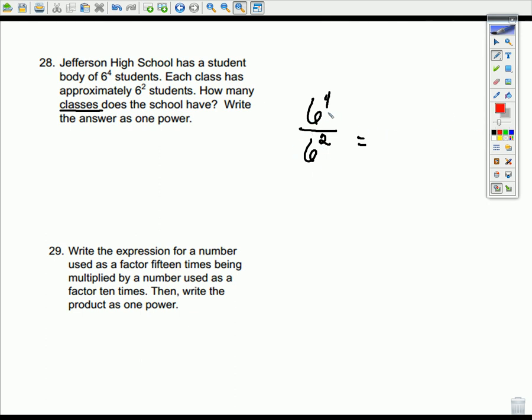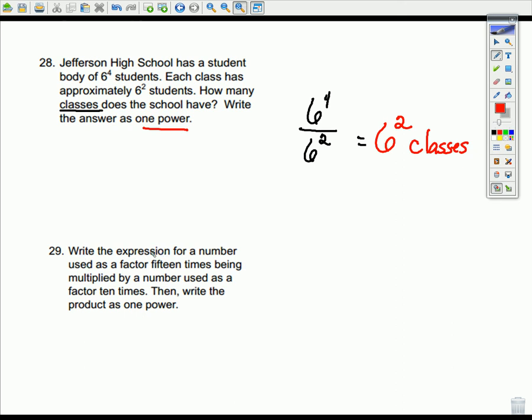Remember when you're dividing, you keep the base and you subtract the exponents. So it's 6 to the 2nd power, and we would say that that's 6 to the second classes, which we know is 36 classes, but they're asking us to write it as a power.